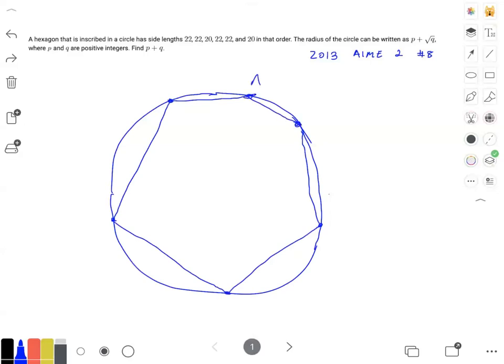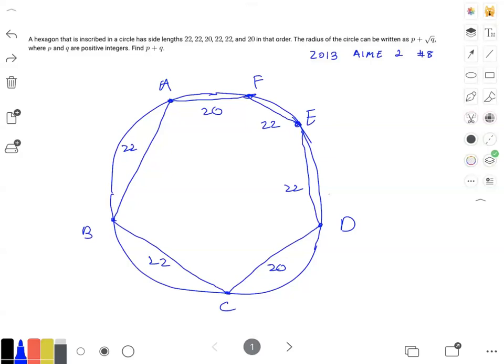Not very drawn to scale, but yeah. So let's just label A, B, C, D, E, F. And then let's label what we have. So this will be 22, 22, 20, 22, 22. It does not look like a 22, but yep.